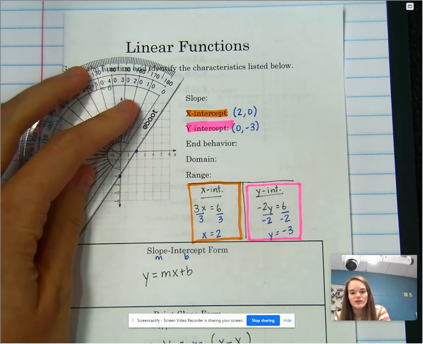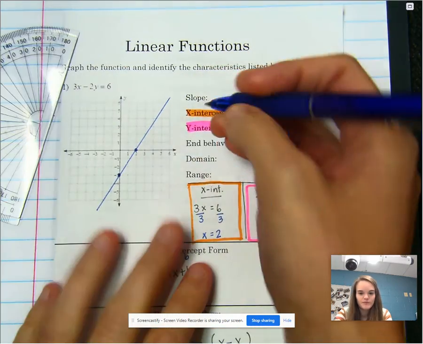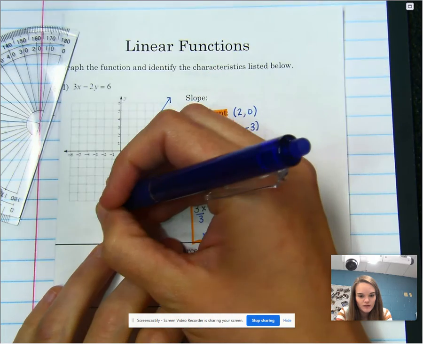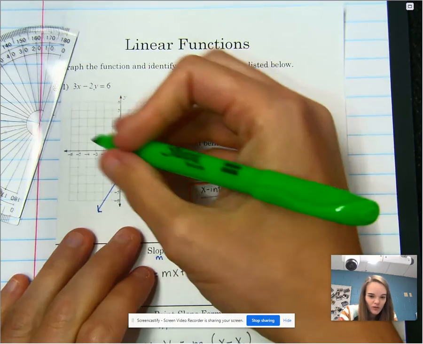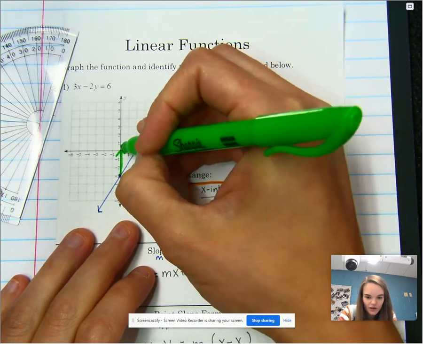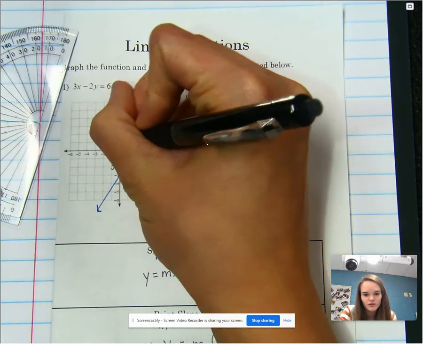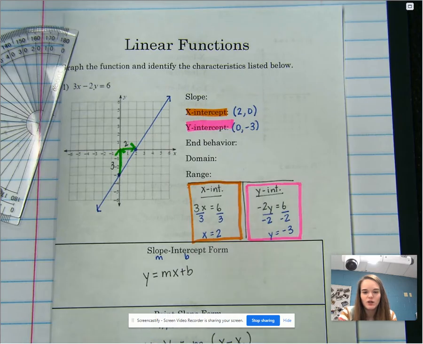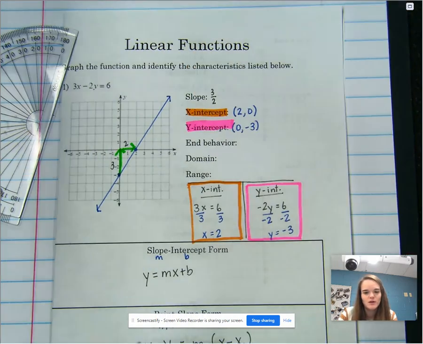Having these intercepts, I'm going to be able to find the slope. My slope is rise over run. I'm going to go up 3 over 2. My slope is 3 over 2.